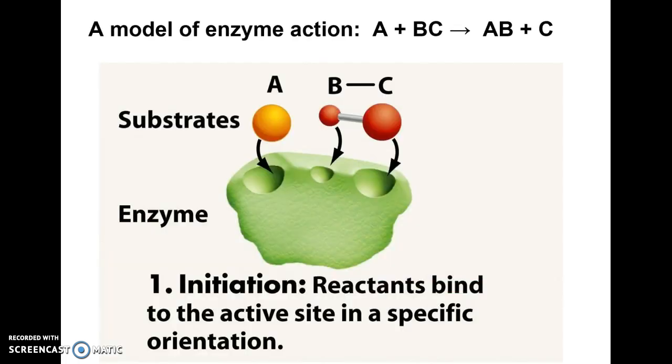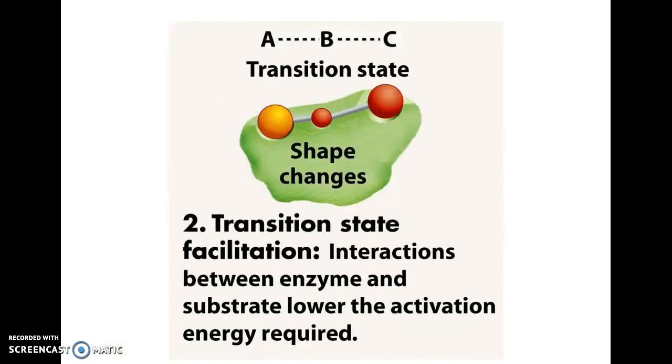And so the way that catalysts work is stepwise. There's the initiation step where the substrates bind to the active site of the enzyme. Then the transition state, which is where the interaction of the substrates happens inside of the active site.